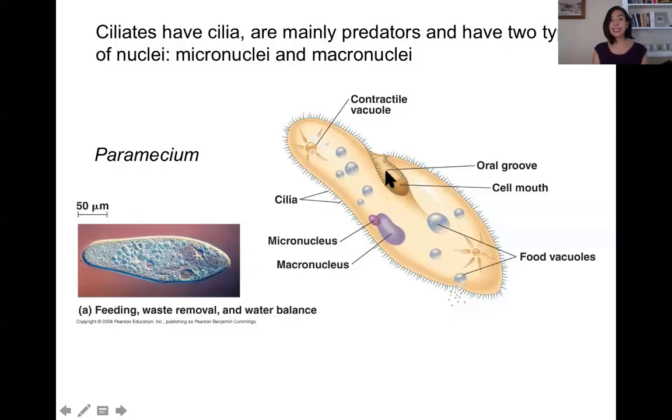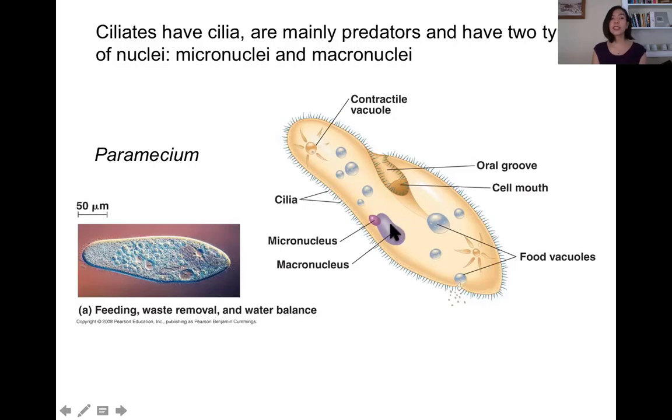These ciliates, on top of having cilia, also have micronuclei and macronuclei. This is quite bizarre. They have several nuclei in their cells, and the macronucleus is obviously larger, but it's actually a micronucleus that later grows and grows, and takes charge of all the functions of these cells.